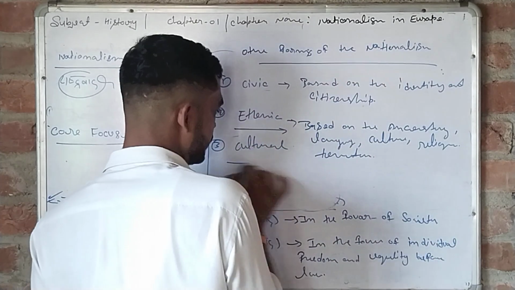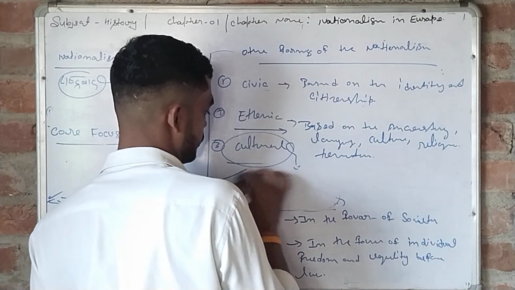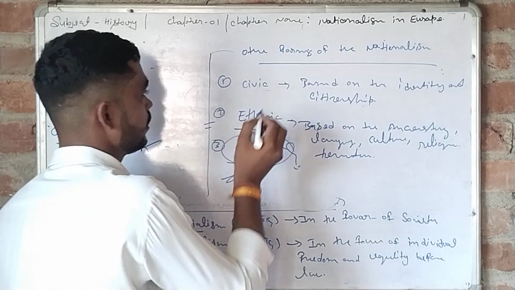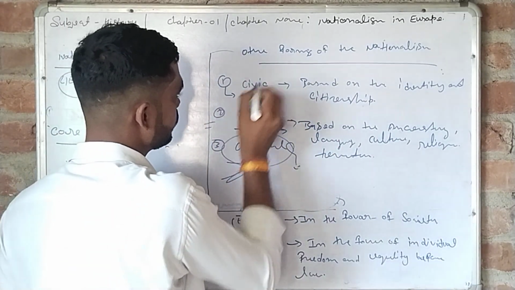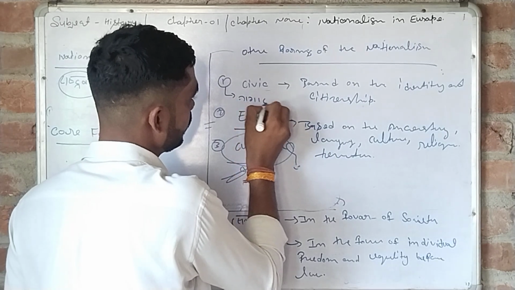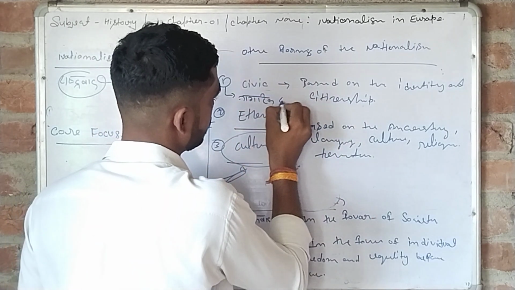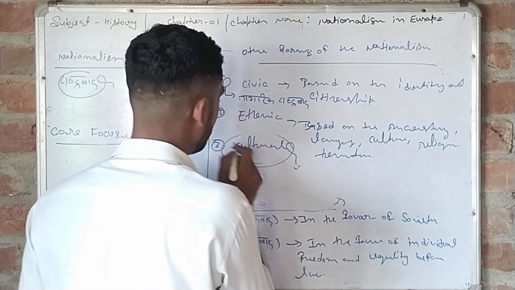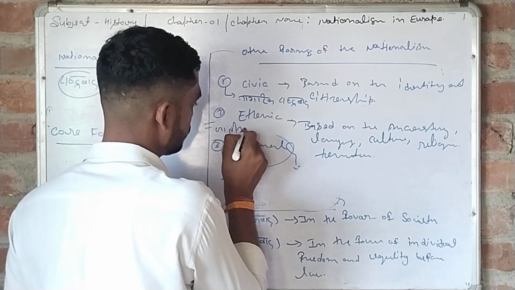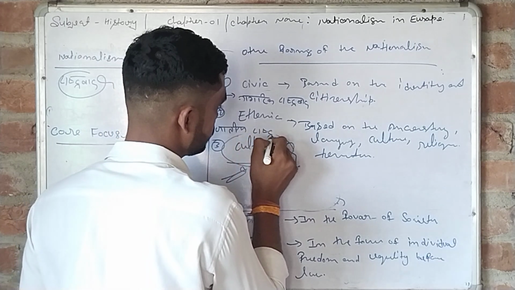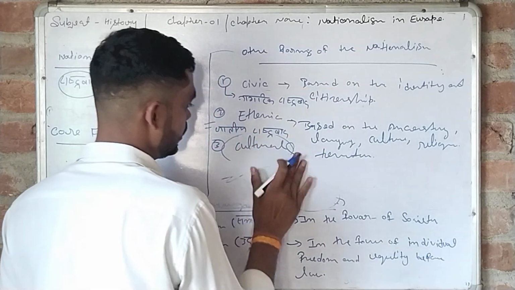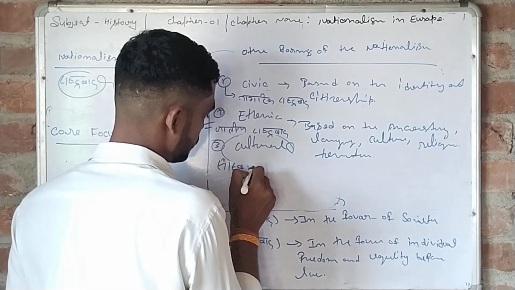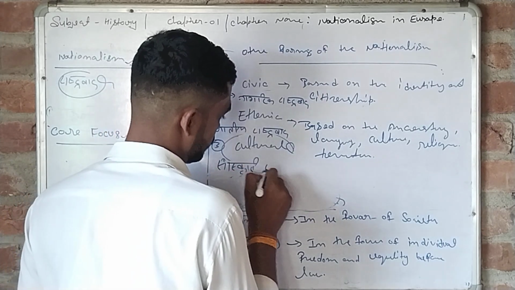Cultural is also similar to ethnic. In Hindi, civic is known as Nagarik Rashtravad, ethnic is known as Jatiya Rashtravad, and cultural is known as Sanskritik Rashtravad.